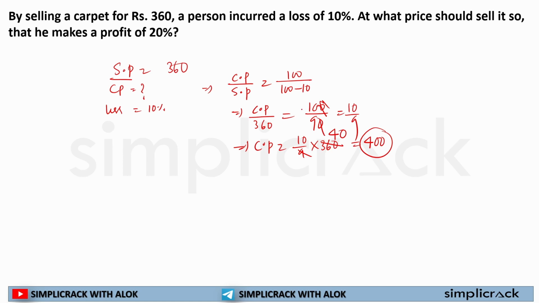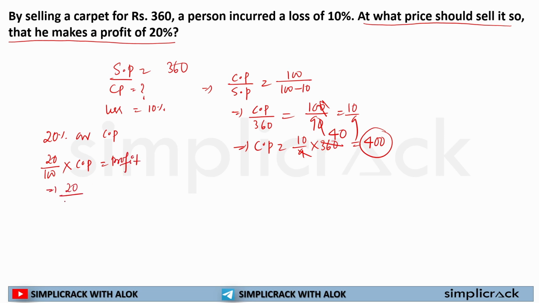So the carpet's cost price was 400. Now it is asking at what price should he sell it so he makes a profit of 20%. 20% profit on what? Cost price. So 20 by 100 multiplied by cost price will be my profit value.